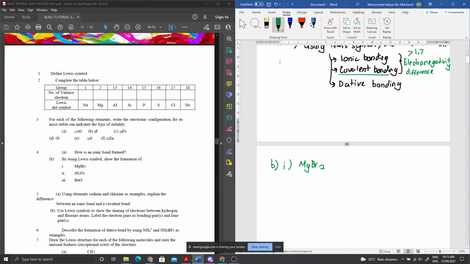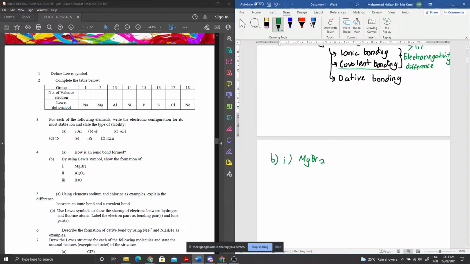But most of the time, don't worry about dative, worry about whether it is covalent or ionic. So for MgBr2, find its electronegativity difference. If you look at my camera, I have this periodic table I already gave you on Discord. In the exam, you will be given the elements and their electronegativity values, but not in the form of a periodic table, just in an ordinary table.